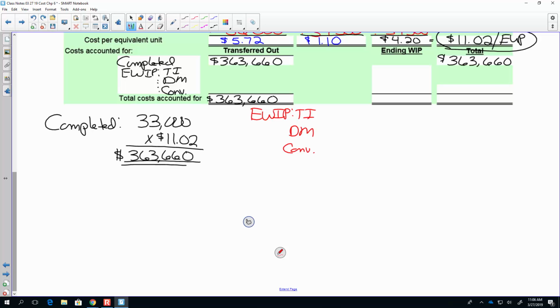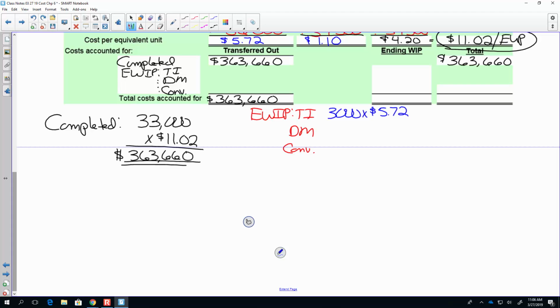All right, for transferred in, how many equivalent units did I have? 3,000, right? So I'm getting that number from step 2, the equivalent units. So 3,000 times what? 5.72, right? Yep. For materials, what's my equivalent units for materials?